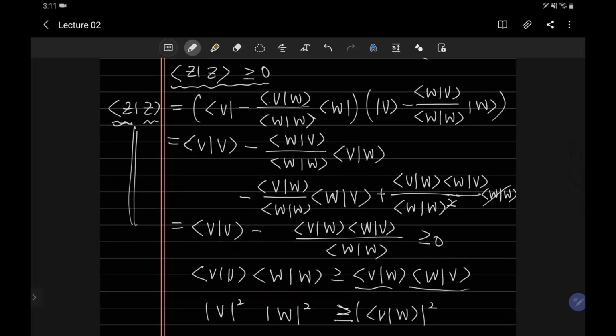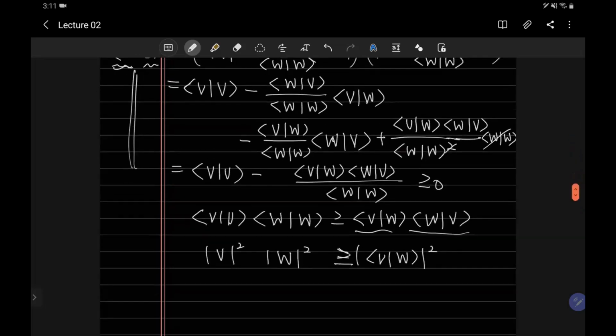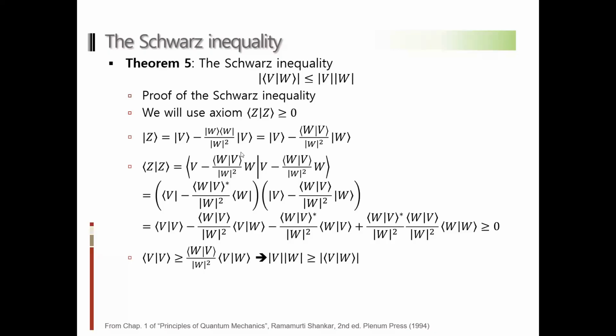The point is that bracket notation is very convenient in proving this relation. Another popular theorem is the triangle inequality. I can also derive this relation myself, but I think it will be a good exercise for you, so I will leave it as homework.